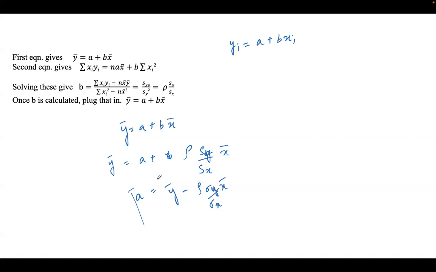So we take this value of a, and I think it will be better if I write it this way: y is equal to y bar minus b x bar plus b xi, right?